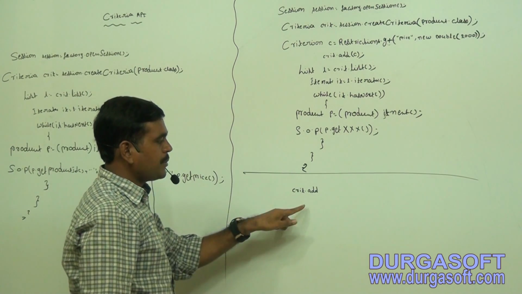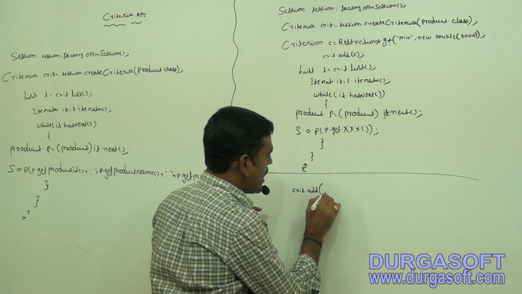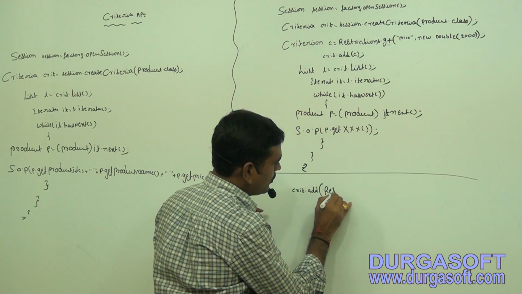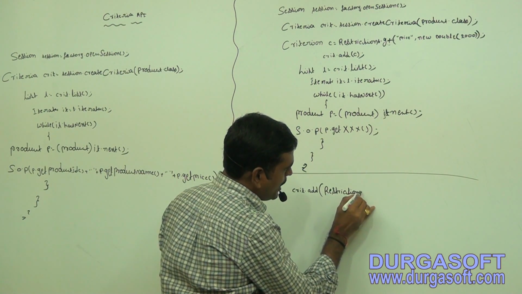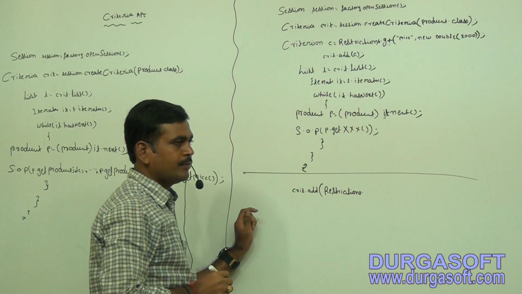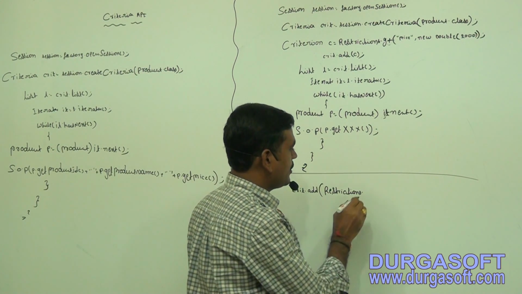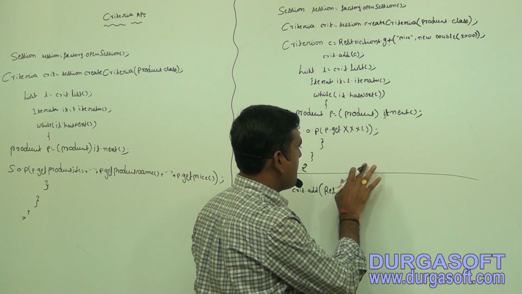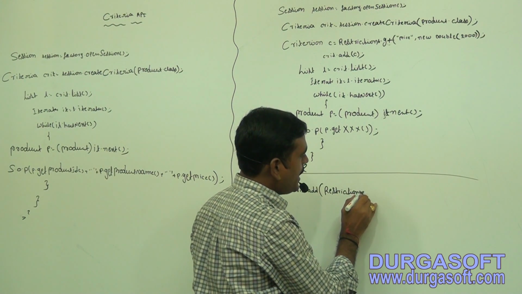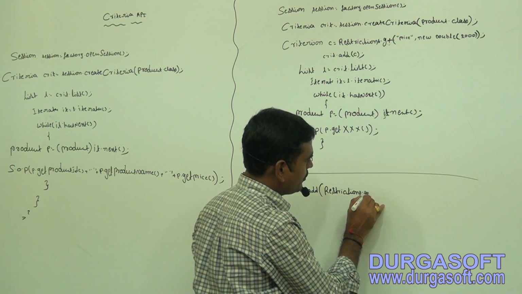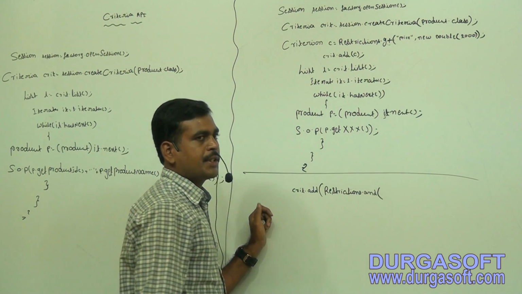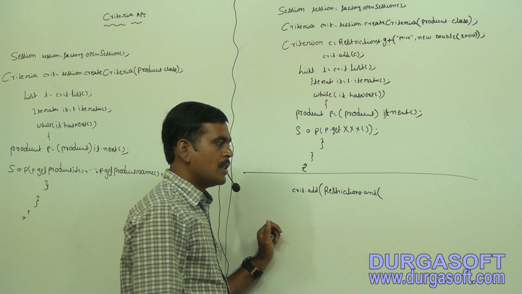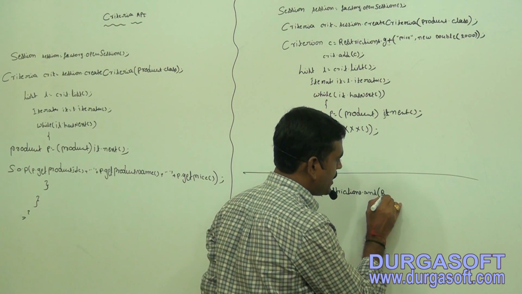After getting the criteria object, then we can add crite dot add restrictions dot, depending on requirement. So now I am taking initially restrictions dot and.